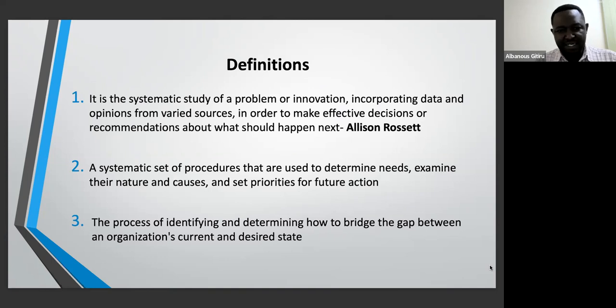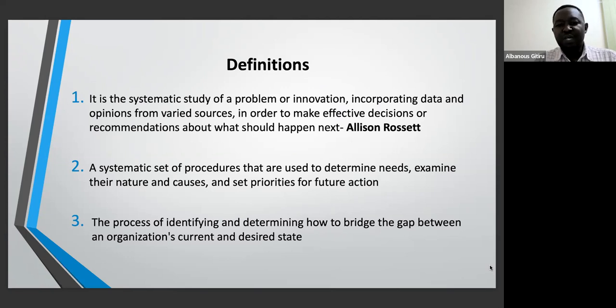Alison Rosset defines needs assessment as a systematic study of a problem or an innovation. It is a systematic study because it uses scientific processes and they are well defined.